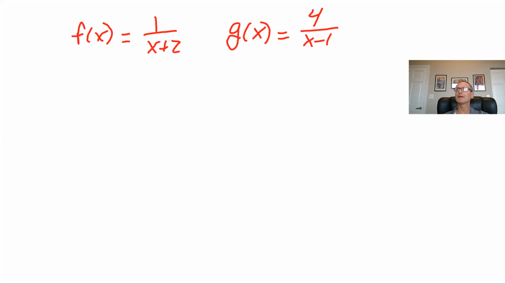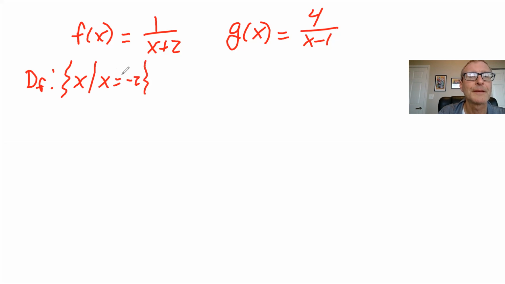And this is the idea of two functions now where the domains of both functions aren't all real numbers. And so what's the domain of the f function? Well, I think we remember that all values of x such that x does not equal -2, right?